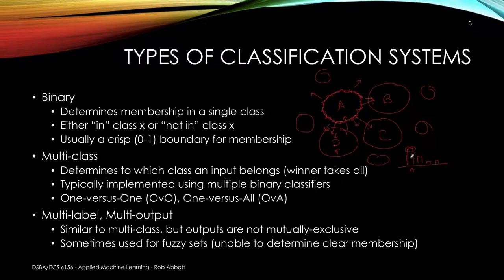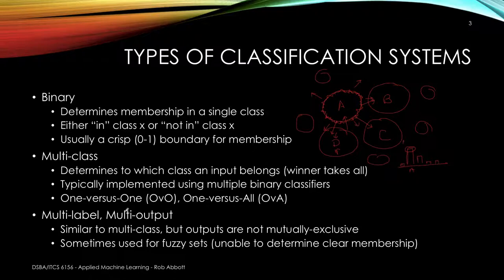So maybe it's not 0 completely, maybe it's not 1 completely, but that predicted value is most like Class A. So that's the one that ends up getting predicted in terms of this operation.